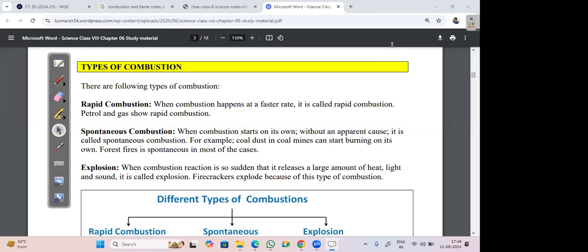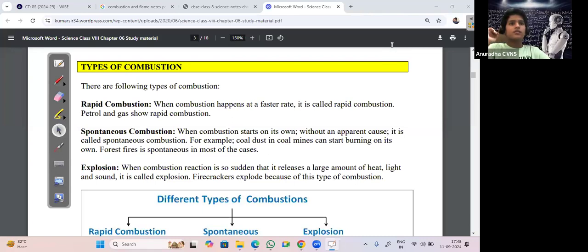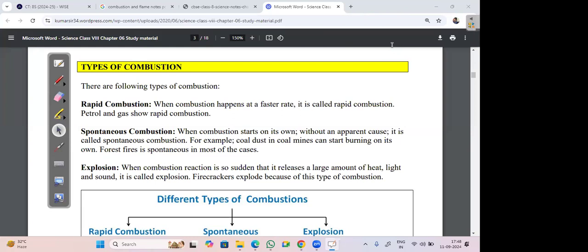So in your matchstick, what is used? Red phosphorus, sir. Red phosphorus or yellow phosphorus? Red phosphorus. Okay, you just Google it and find it's yellow phosphorus. A mixture of yellow phosphorus is used so that just by a little bit of friction, it starts burning.